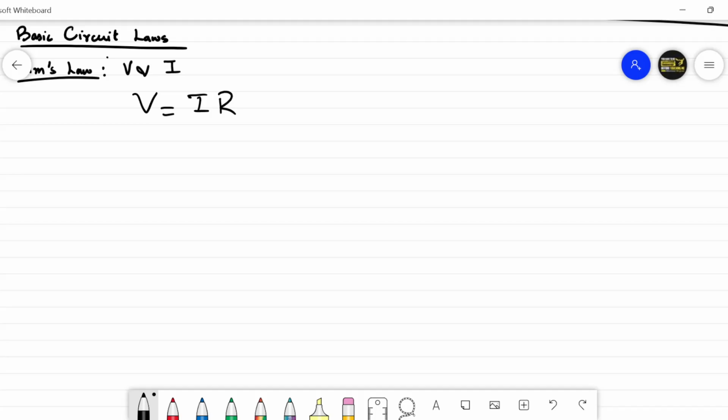Talking about resistance, the unit of resistance is ohms, denoted by this symbol. If resistance of any circuit is equal to 0 ohms, that means such a circuit is actually a short circuit.